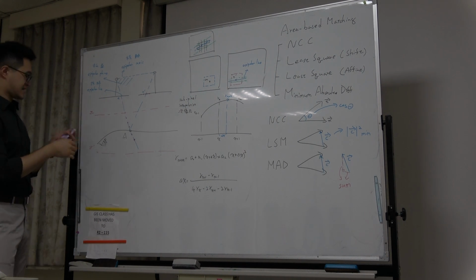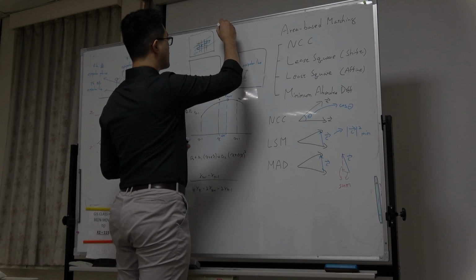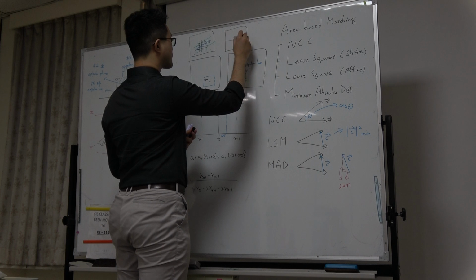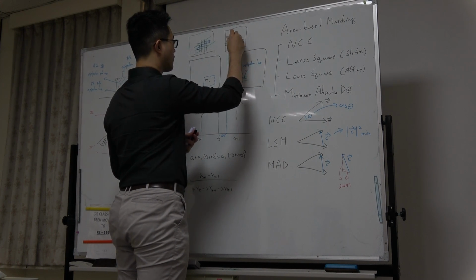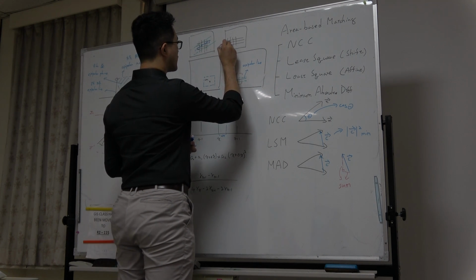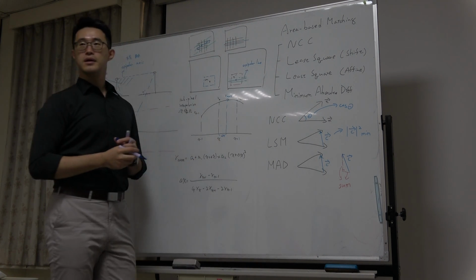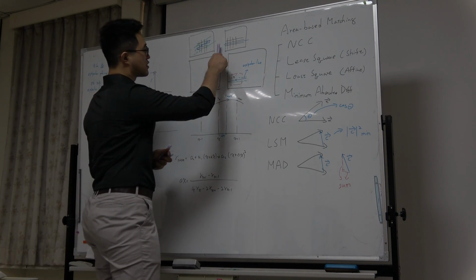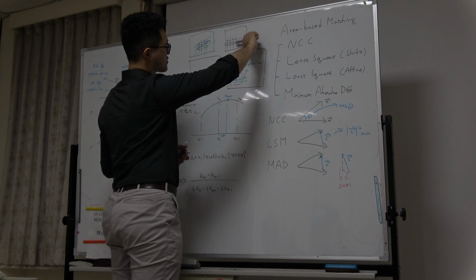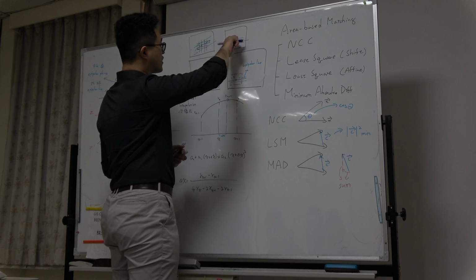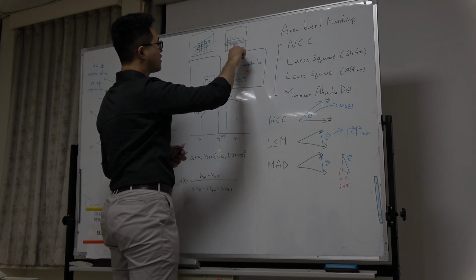So which indicates that for the rectified image, your epipolar line will be over here. All the pixels along the same x-axis have the same epipolar line.